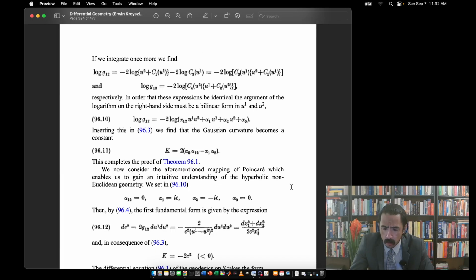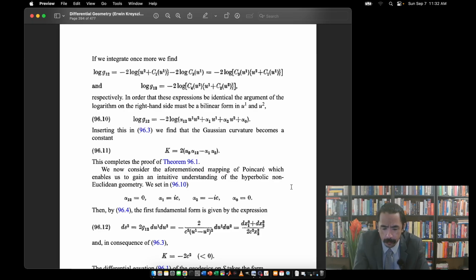If we integrate once more, we find that the logarithm of g sub 1,2 is equal to negative 2 times the logarithm of the quantity u2 plus capital C sub 1 in terms of u1, minus 2 times the logarithm of capital C sub 3 in terms of u1. This is all equal to negative 2 times the logarithm of the quantity capital C sub 3 in terms of u1, times the inner quantity u2 plus capital C sub 1 in terms of u1.